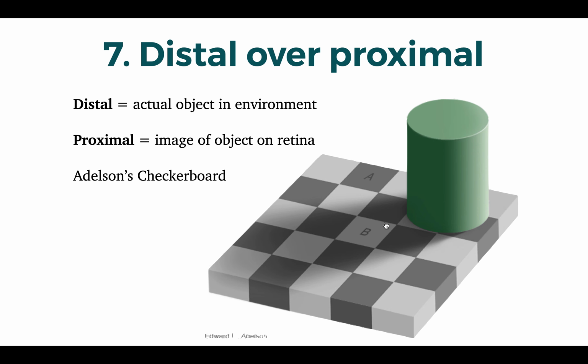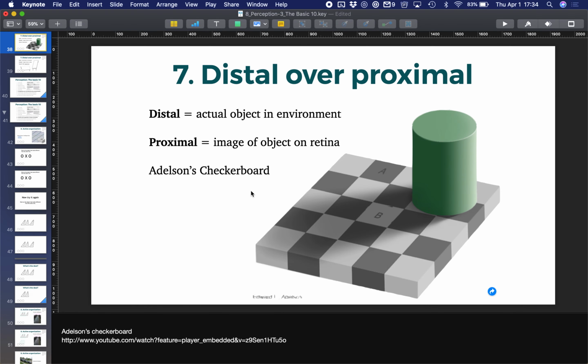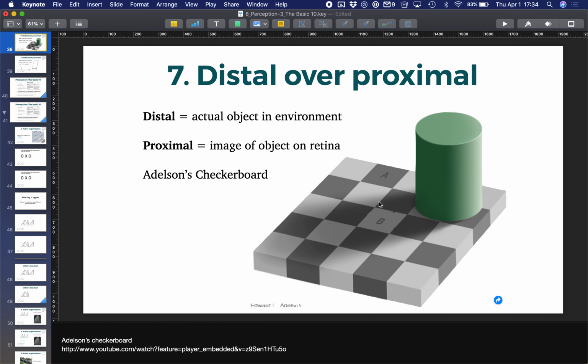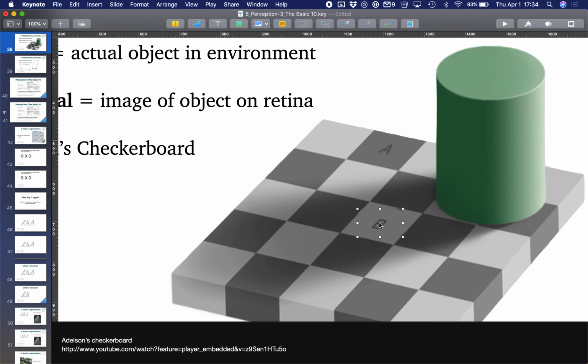We have square A and square B. I'm going to exit out of here so that I can manipulate this and show you. This is just a copy of square B that I made, and I just placed it right over square B. Now I'm going to move square B to square A.